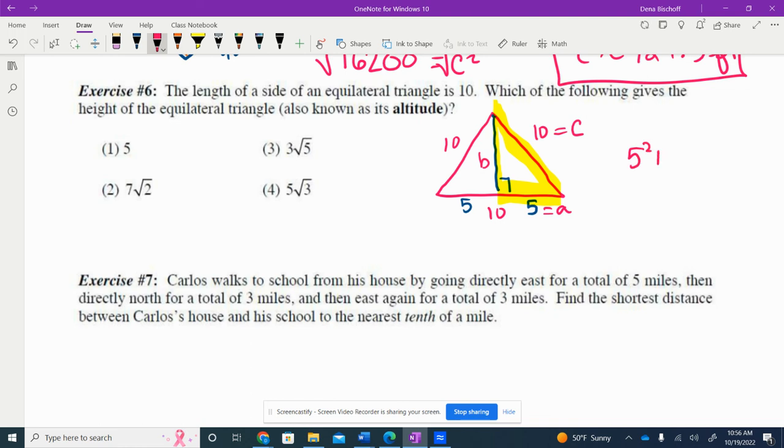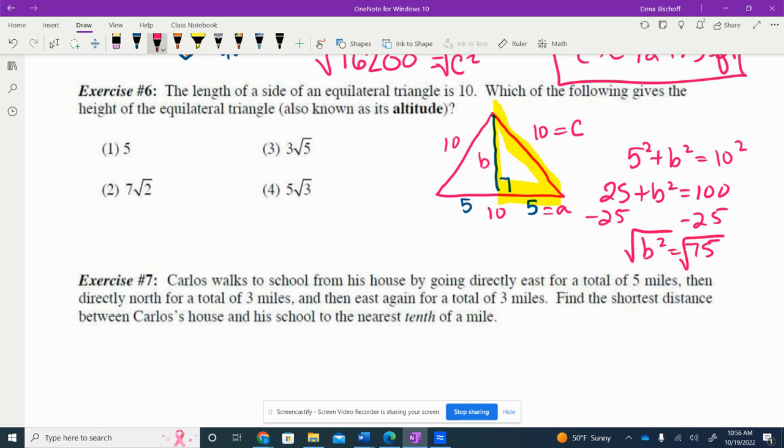So 5 squared plus B squared equals 10 squared. 25 plus B squared equals 100. I'm going to subtract 25 from both sides. So B squared equals 75. And we have to take the square root of both sides. So I want to talk about the square root of 75 in terms of a simplified radical. And then I'll talk about it as a decimal. Well, square roots are very unique in the way that they can be multiplied together.